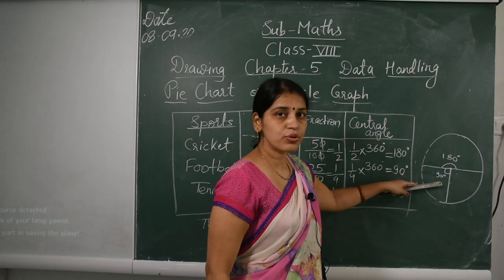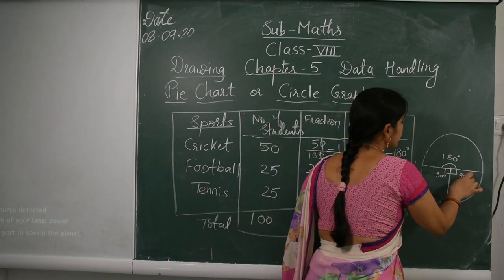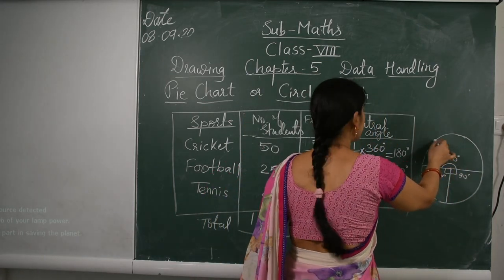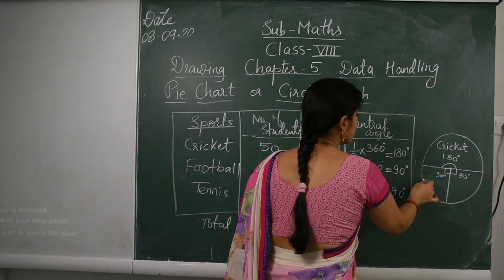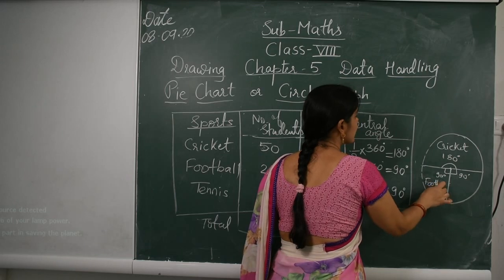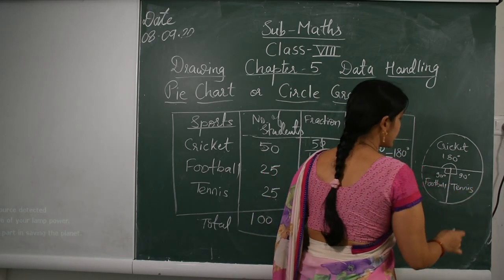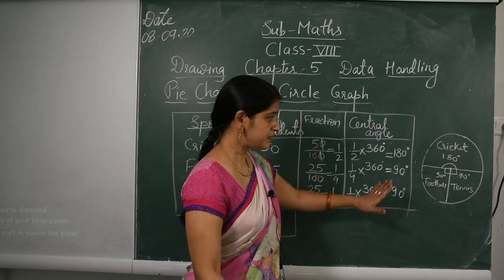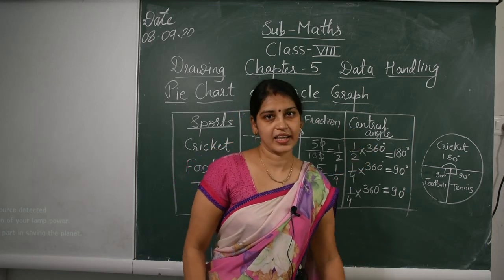So when you find 2, then the third you already get. So this one is also 90 degree. So first you write here which game? Cricket. Here football, and third one is tennis. So in this way you can draw a pie chart by finding its central angle.